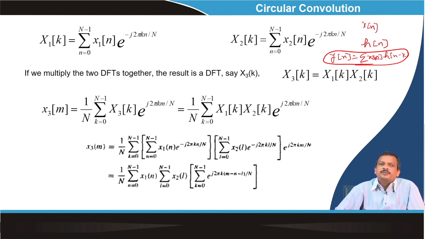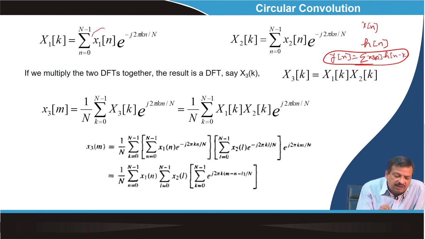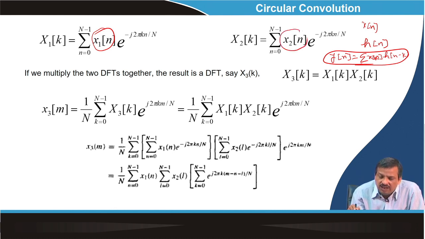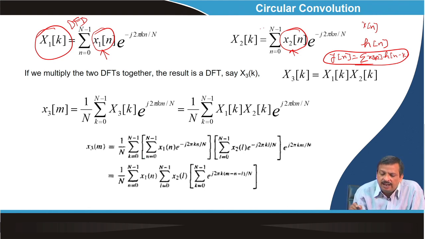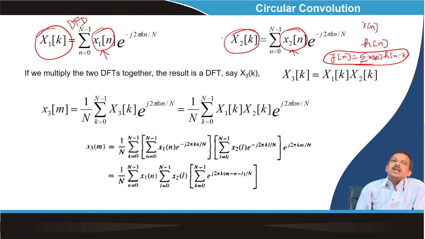Interestingly, suppose I have a sequence x1[n] and another signal x2[n]. So, I have digital signals x1[n] and x2[n]. If I take the N-point DFT of x1[n], I get capital X1[k], and the DFT of x2[n] gives me capital X2[k].